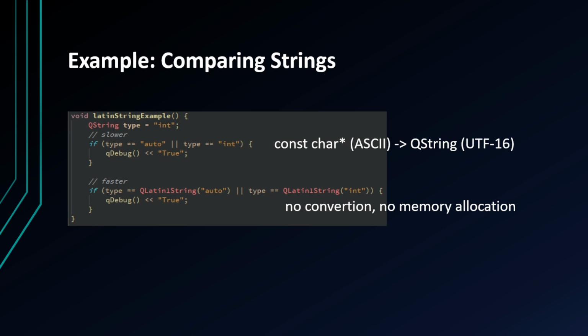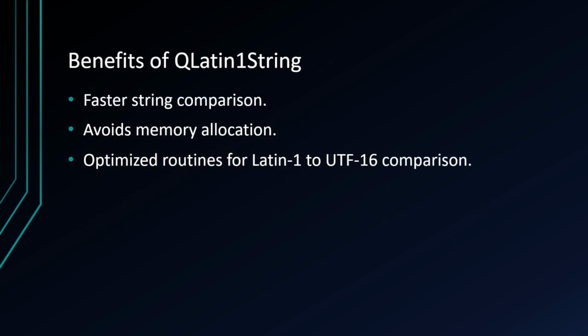This class is a lightweight read-only string wrapper for Latin1 encoded string literals. Here it compares the QLatin1String object directly to the QString without converting it. Comparison is faster because it avoids memory allocation and leverages optimized Latin1 to UTF-16 comparison routines. It just makes it faster.